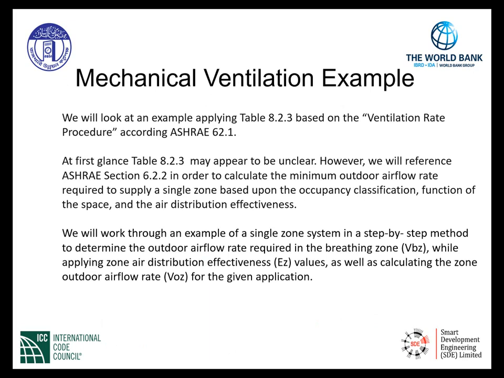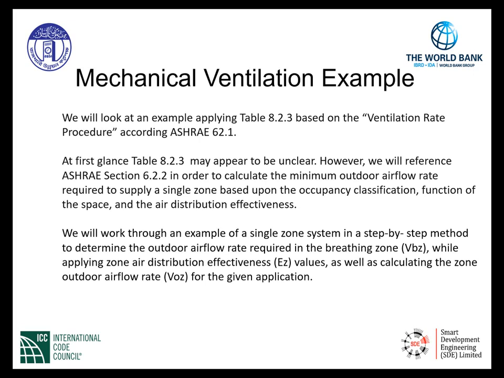Mechanical ventilation example. We will look at an example applying table 8.2.3 based on the ventilation rate procedure according to ASHRAE 62.1. At first glance, table 8.2.3 may appear to be unclear.